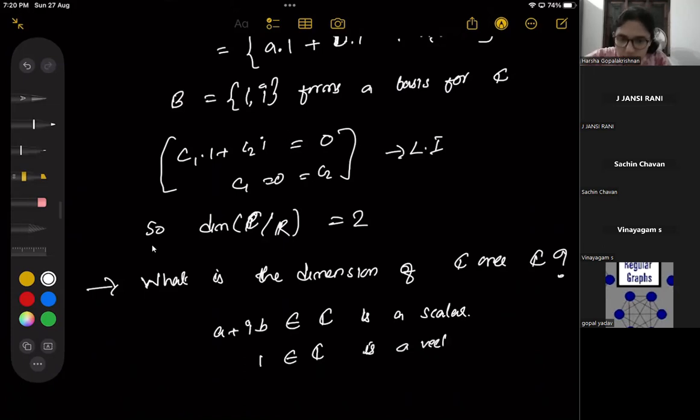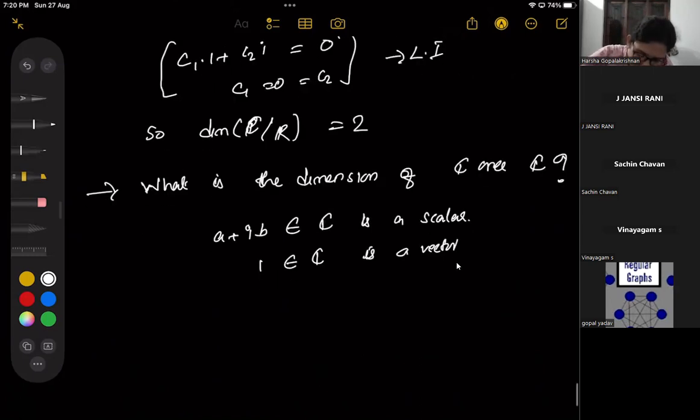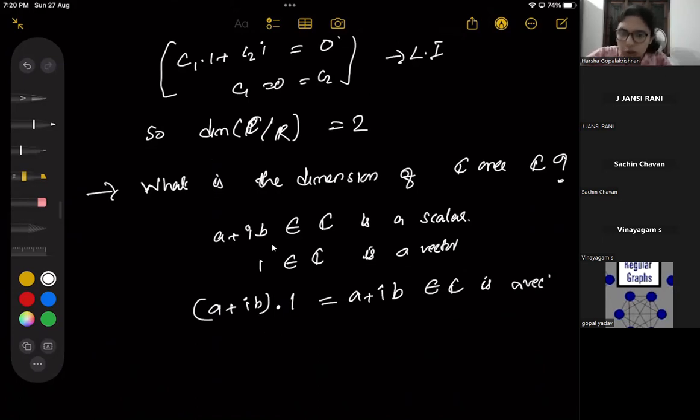So this A plus iB I am taking from the field C and 1 I am taking from the vector space C. Now I can take the scalar A plus iB into the vector 1. What I will get is A plus iB, which is a vector in C. So just the element 1 is enough to generate all elements in C.